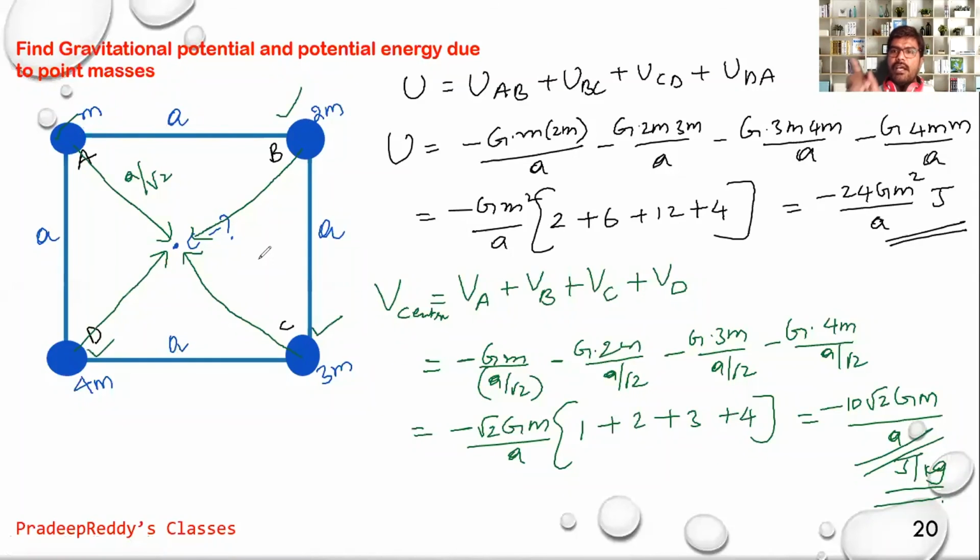But here we are asked to find potential at the center. At the center, it will be because of all those four masses. Clear? This is the way you should calculate gravitational potential and gravitational potential energy.